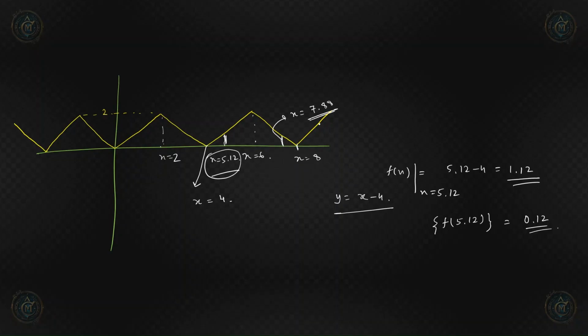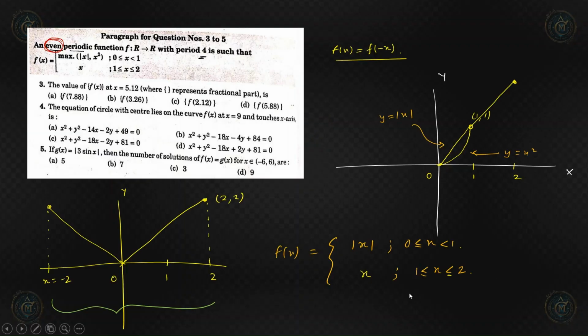So at x equal to 7.88, we must have y equal to 8 minus x, right? So f of 7.88 becomes 8 minus 7.88, that is 0.12, and its fractional part will be itself, right? This is also 0.12. Okay, so we can see we got our answer in the first option itself, so option A will be the correct option.